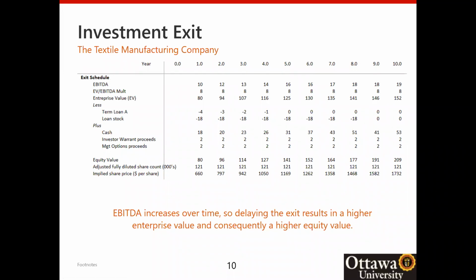Page 10 provides the financial outlook for the investment assets. You can see here from the calculation, EBITDA increases over time. So if the asset sale is delayed, it will result in a higher enterprise value and consequently a higher equity value.